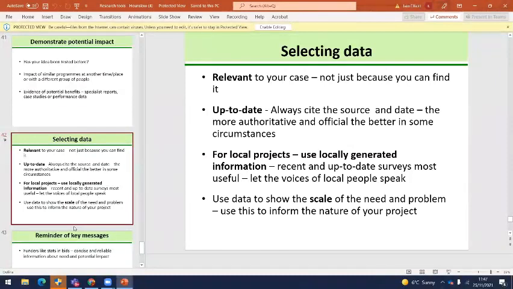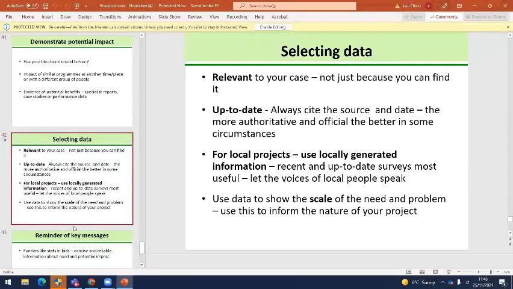So make sure the data is relevant and up to date. Up to date is difficult because sometimes information is not produced on an annual basis. The census is the most extreme example because that's only every 10 years. But even the index of multiple deprivation is only every 4 years. The joint strategic needs assessment is probably about every 4 years as well.